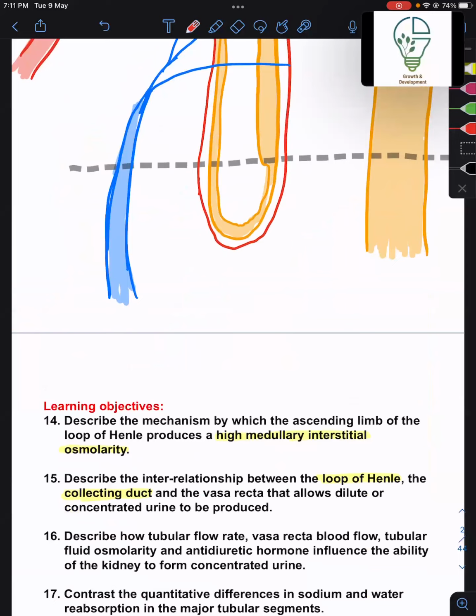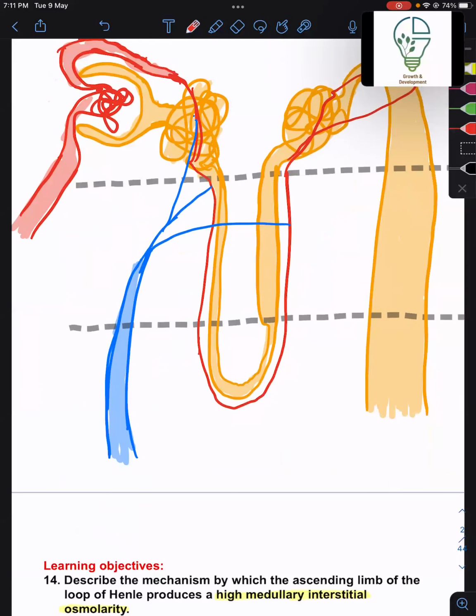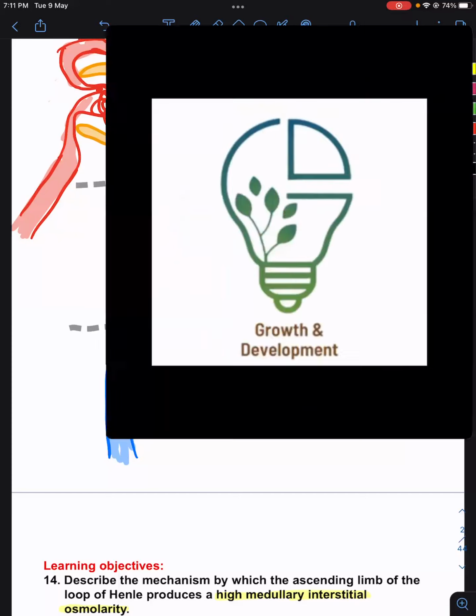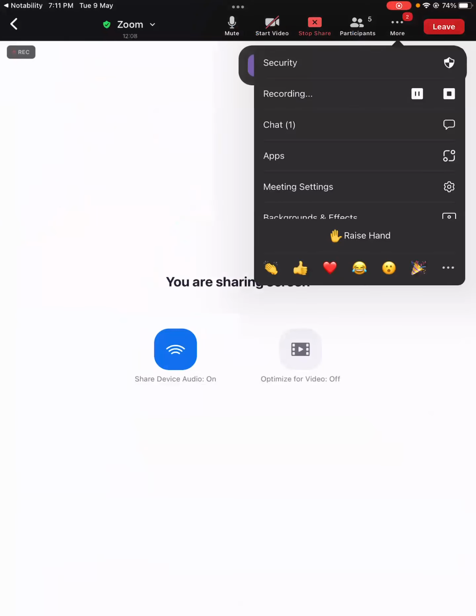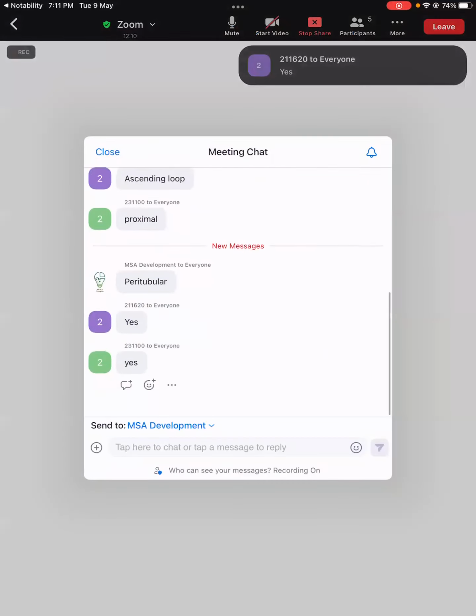So pretty much what this sentence over here is saying is that the fluid over here is going to get reabsorbed back into the vasa recta. And what we mean by reabsorbed is back into our bloodstream, and it means it's going to be staying inside of the body. Is that clear? I just want to make sure before I move on. Okay, people are saying yes.